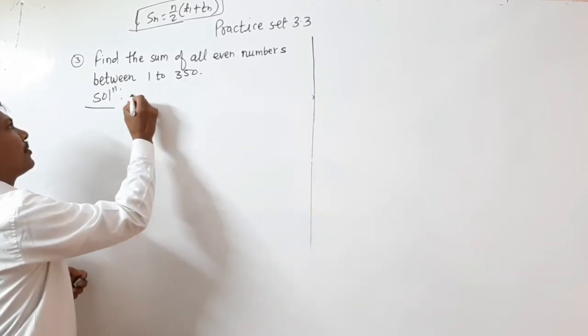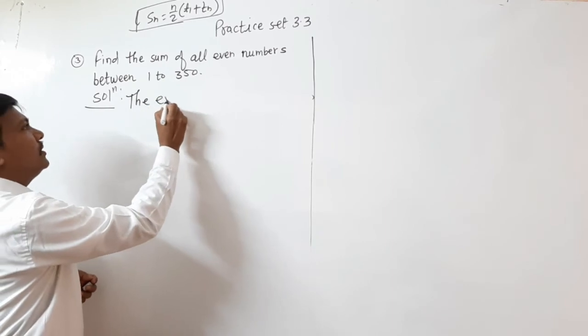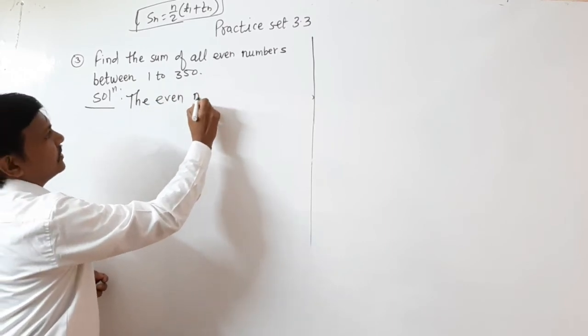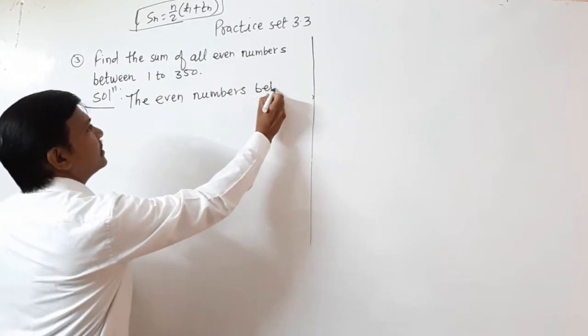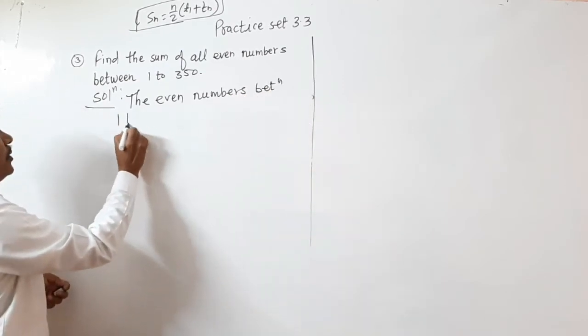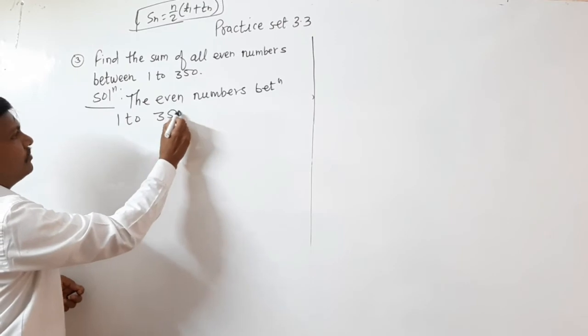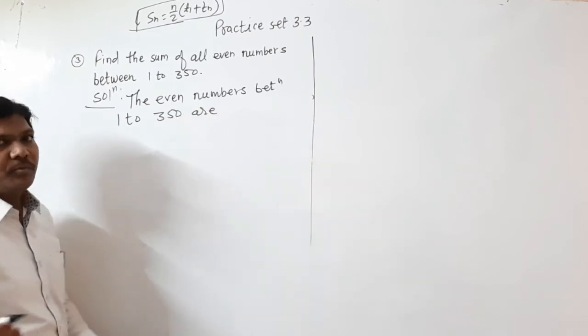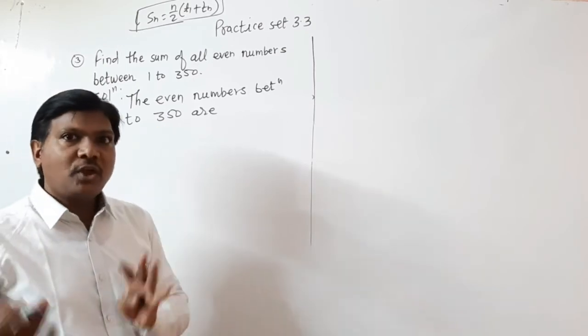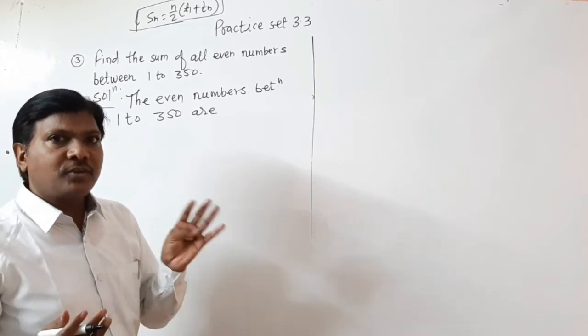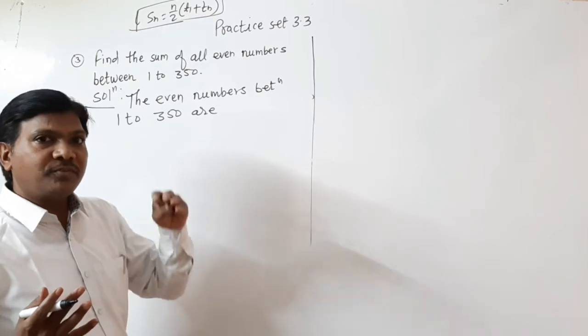So the even numbers between 1 to 350. 350 is also an even number, but it is given 1 to 350, which means between.